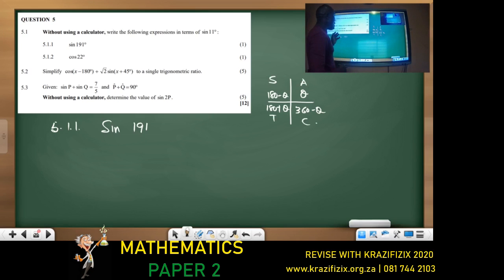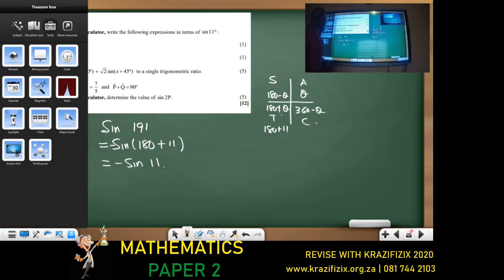Now, in which quadrant do I fall with 191? I fall into the third quadrant because I'm going to need 180 plus 11, which means sine 191 can be written as sine 180 plus 11, but sine is negative. So what's my answer? Negative sine 11.